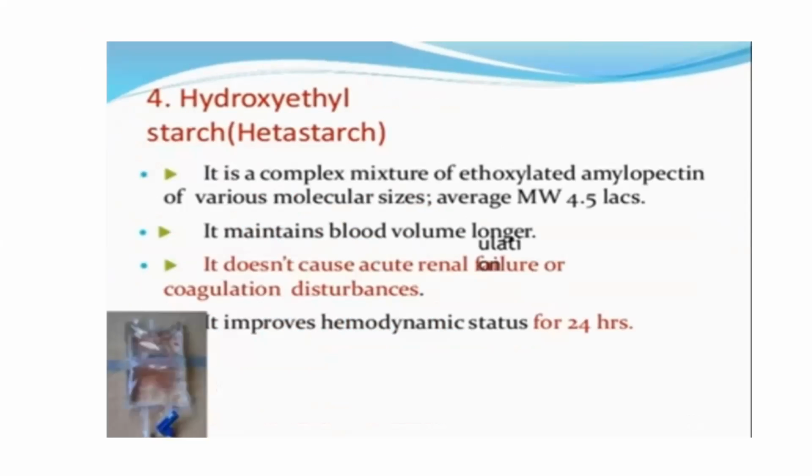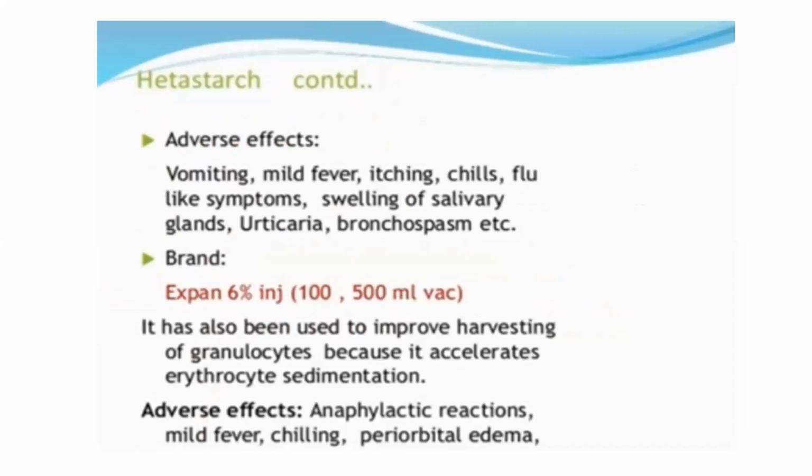Hydroxyethyl starch, also called hetastarch. It is a complex mixture of ethoxylated amylopectin of various molecular sizes. Average molecular weight is 4.5 lakhs. It maintains blood volume longer. It doesn't cause acute renal failure or coagulation disturbance. It improves hemodynamic status for 24 hours.